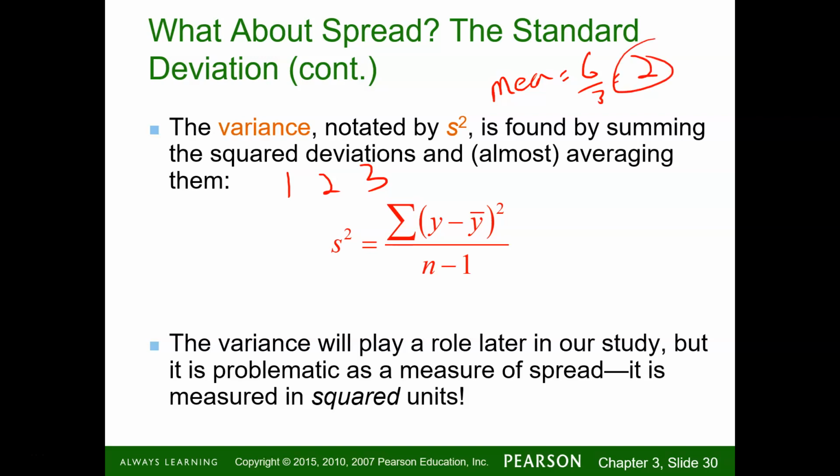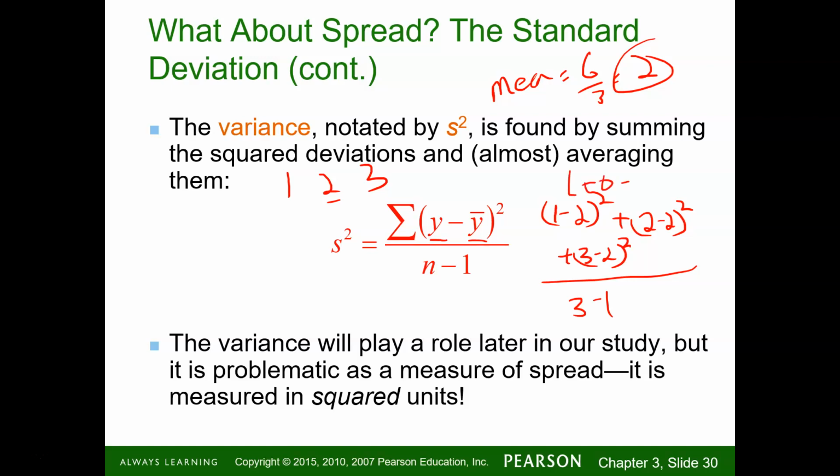So to find the standard deviation, the variance, s squared, you would do y minus the mean, the y with the bar above it. So it'd be (1 minus 2) squared plus (2 minus 2) squared plus (3 minus 2) squared, over n minus 1. There were 3 terms, so 3 minus 1. So what's the standard deviation? 1 minus 2 squared is negative 1 squared. That's 1 plus 0 plus 1.